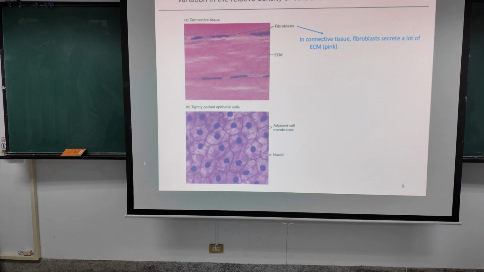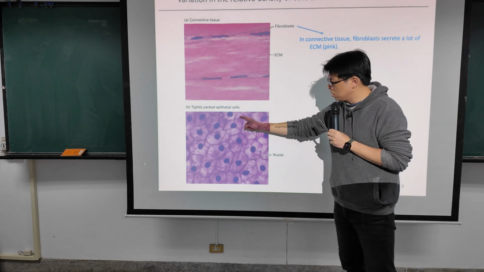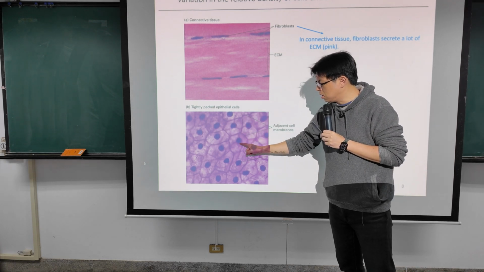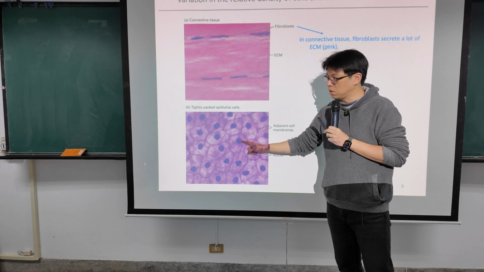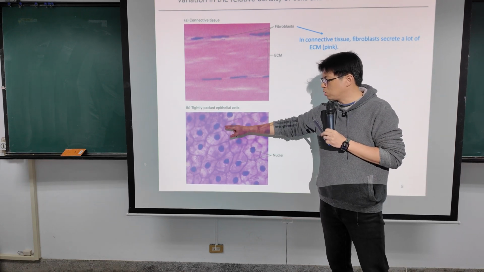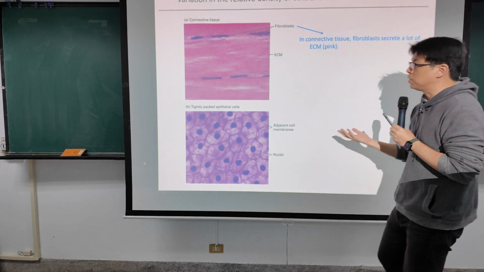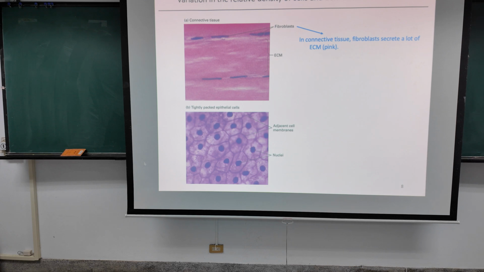But in other tissues, for example intestinal epithelium, this is one cell, and the dark purple is the cell nucleus. You can find very little extracellular matrix between the cells right here. So they have different relative densities.